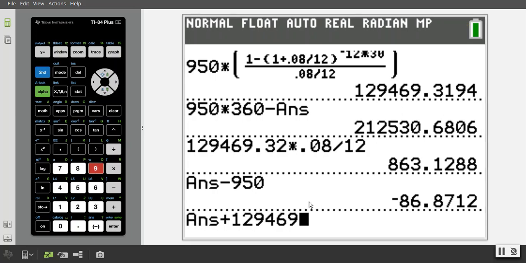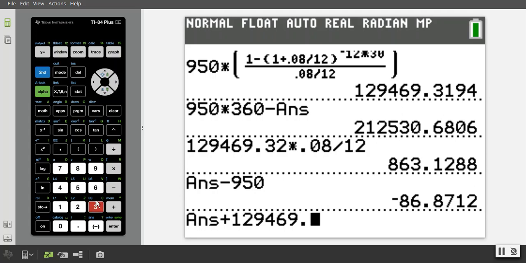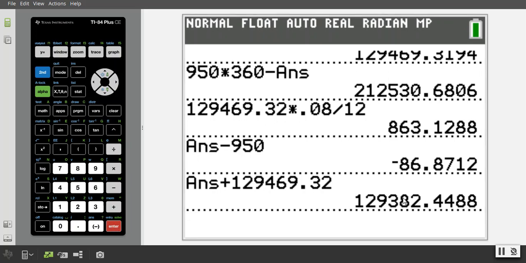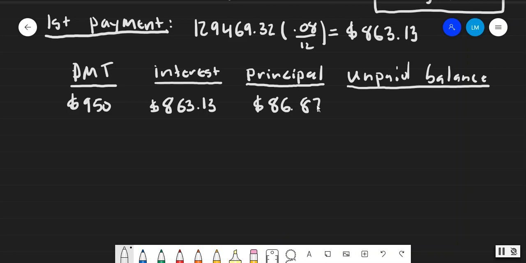In my case, I'm doing it backwards because I already have that it was negative, so that's kind of fine. Okay, so let's see how much we reduce this by. So we reduce this to 129,382.45.